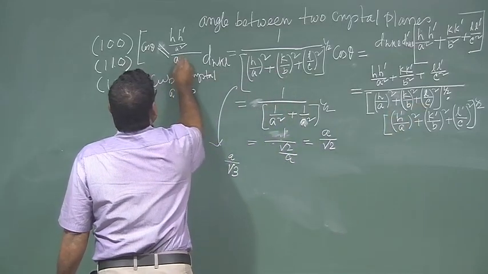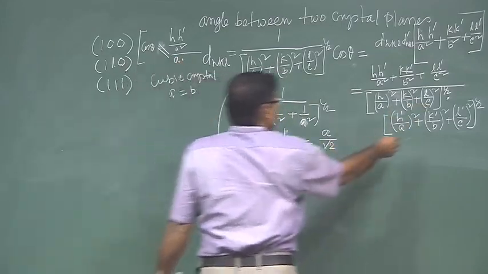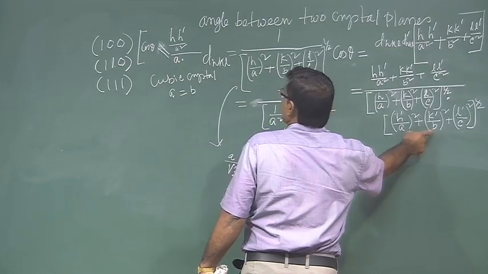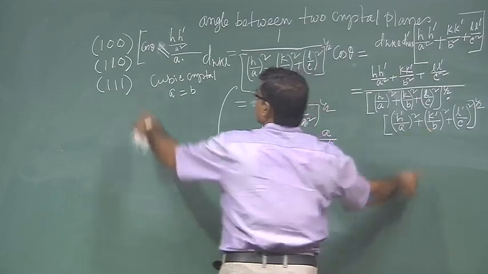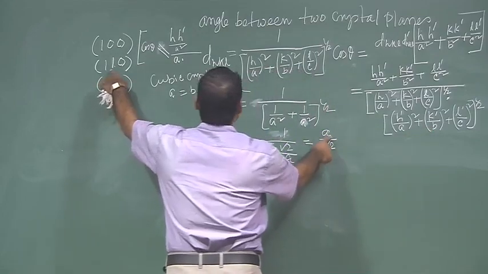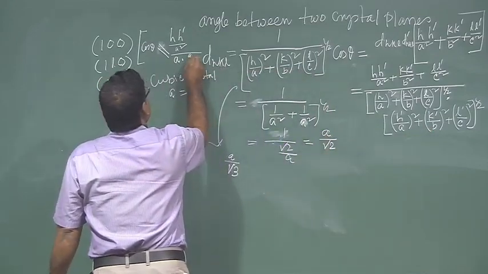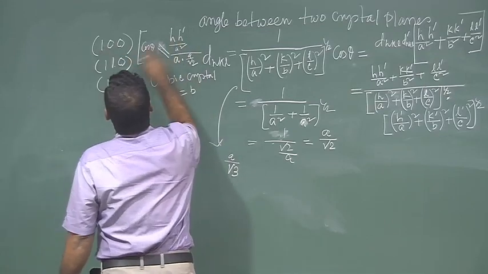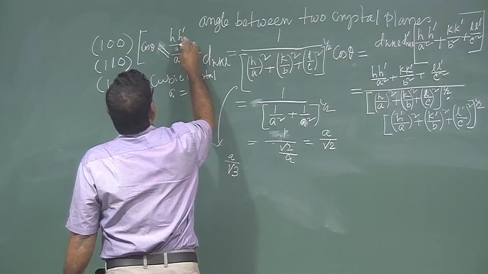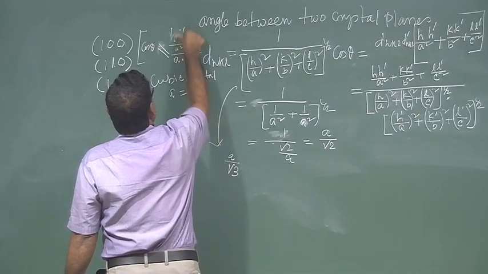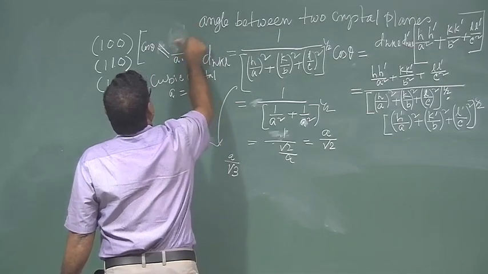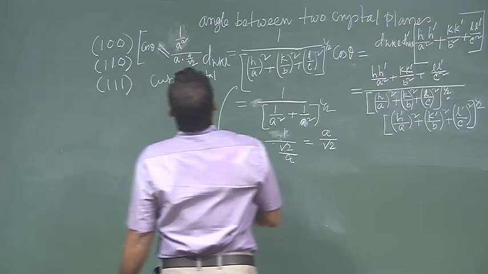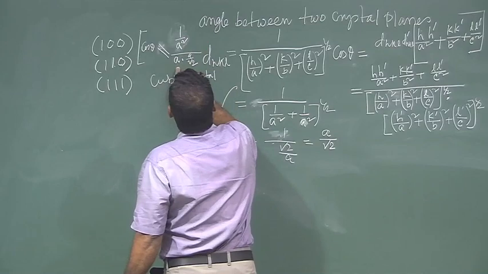So, that is basically a, and for the other plane it will be a by root 2, right.